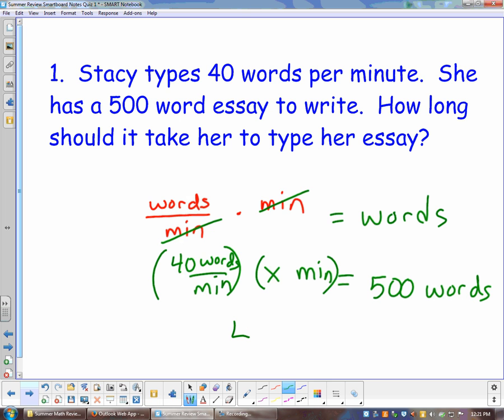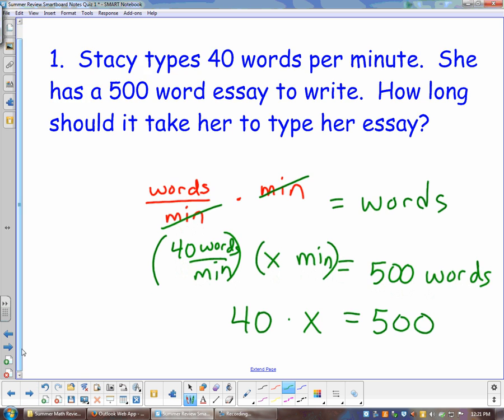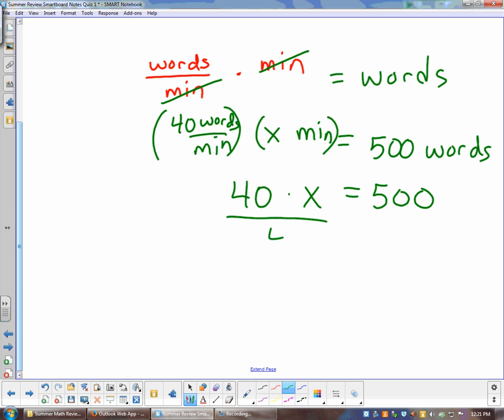So really, my equation boils down to 40 times x equals 500, and then we can solve that equation by dividing both sides by 40. If you grab a calculator, you will see that 500 divided by 40 is 12.5.